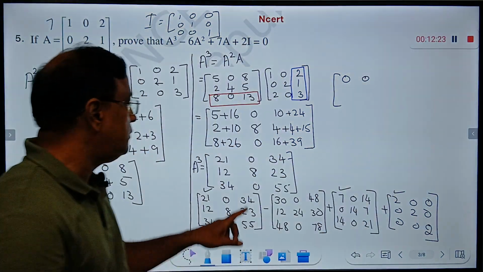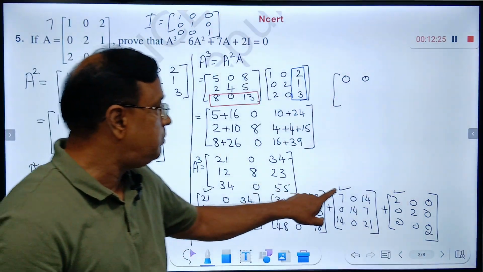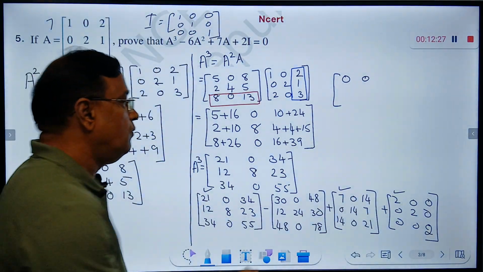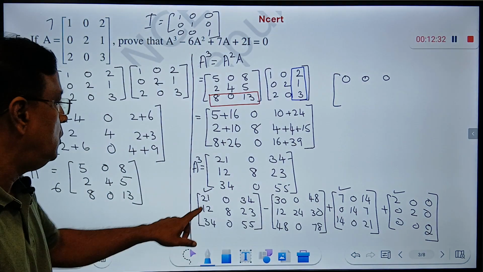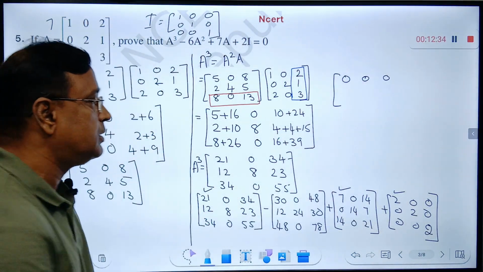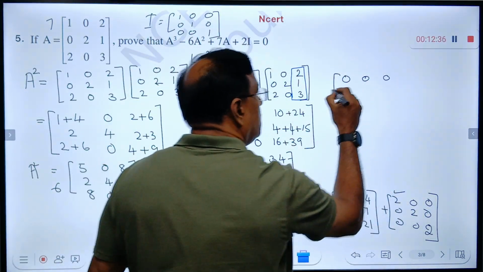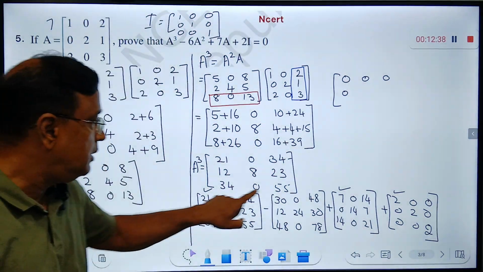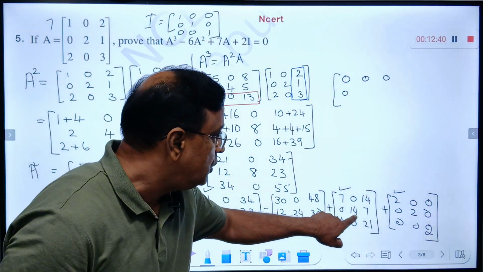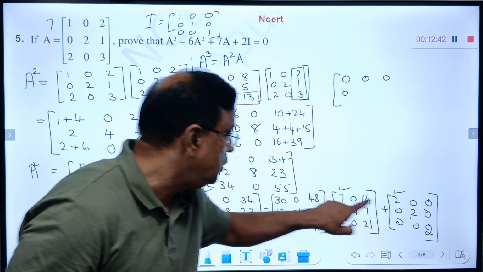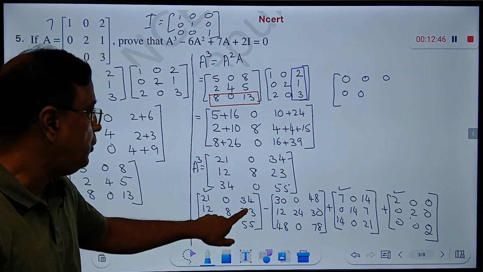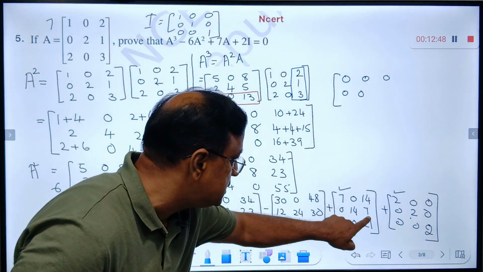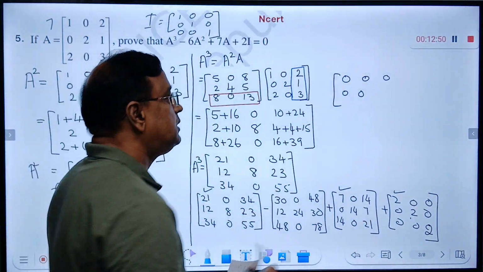Here this is 34, 34 plus 14 is 48, 48 minus 48 is 0. Then 12 minus 12 is 0 because the other two elements are 0. Then 8 plus 14 is 22, 22 plus 2 is 24, 24 minus 24 is 0. 23 plus 7 is 30, 30 minus 30 is 0.